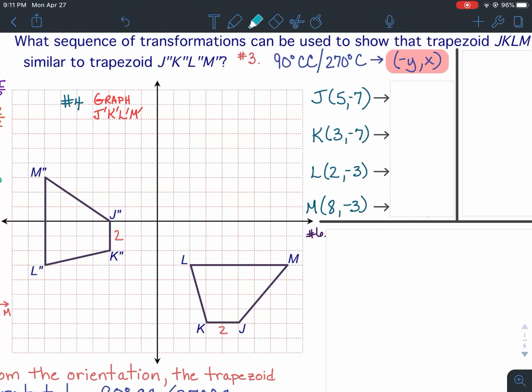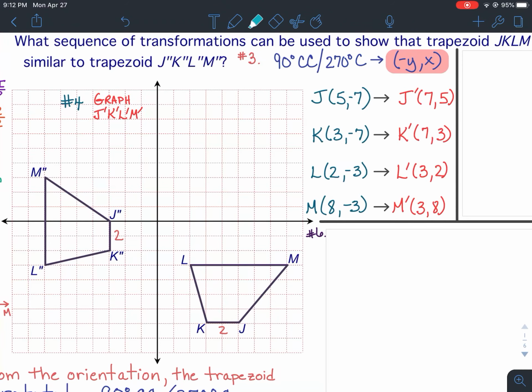So I'm going to use that to find J prime, K prime, L prime, M prime. The opposite of y would be negative 7 and x would be 5. The opposite of negative 7 would be positive 7 and 3 would stay 3.